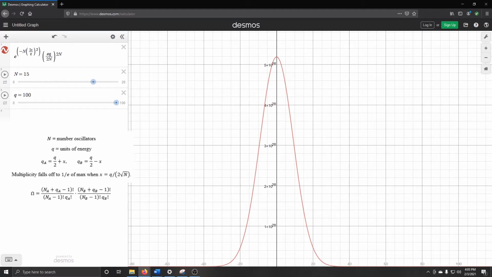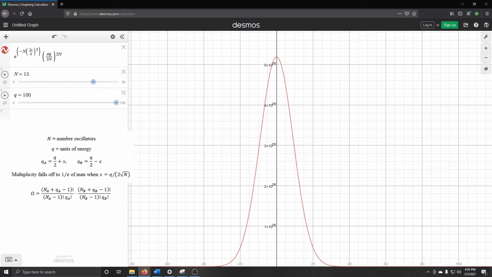One thing to notice here is that even while our multiplicity has increased greatly, the width of our peak has actually decreased. This is because the width of our peak depends on 1 over the square root of n, and so as we increase n, we narrow our peak.